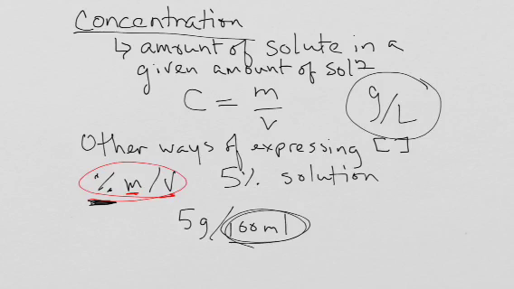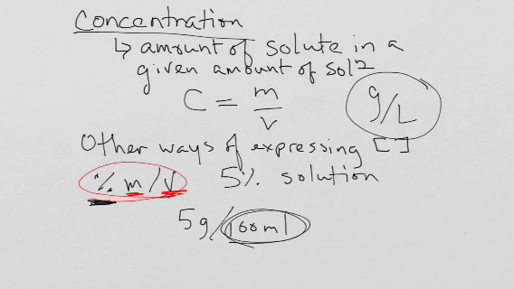If I have whatever number percent, that is going to make up a portion of that 100 milliliters of solution. I know that the 100 is going to be milliliters because I see the V there, and I know that the amount of solute is going to be grams in my 100 milliliters because I see the M.